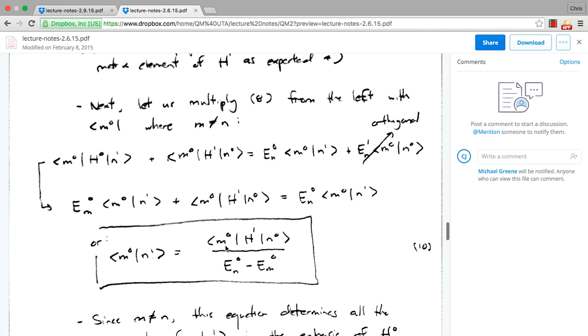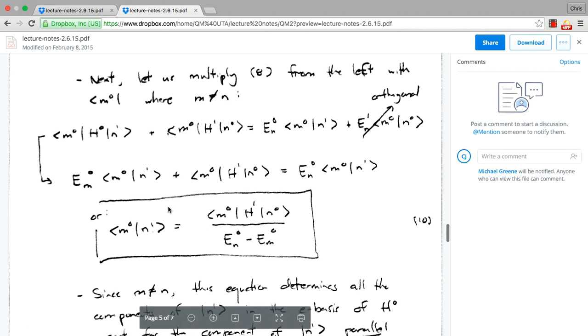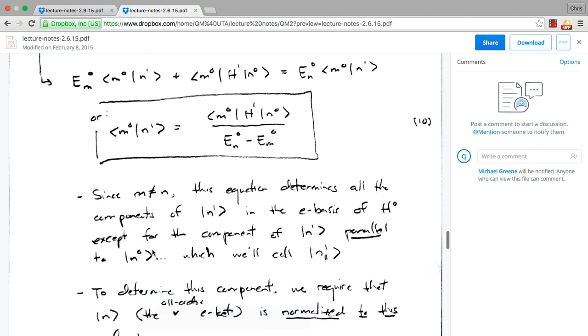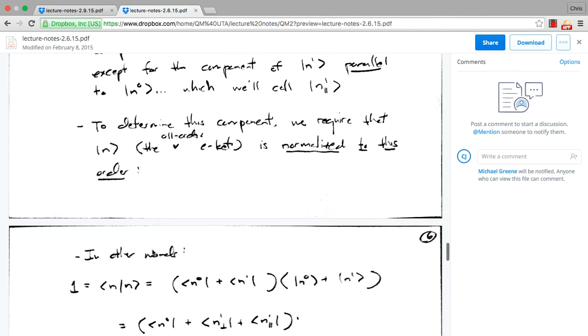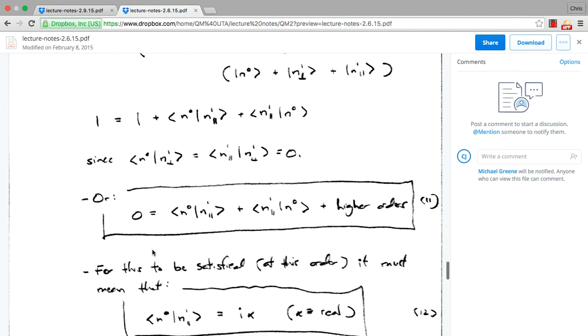And then we went on and talked about the solutions, or the first order eigenkets, and for those we had to work out this one particular coefficient, which is the overlap between the first order correction with some other eigenbra where m here is not equal to n. And there we use the fact that these are normalized, right?